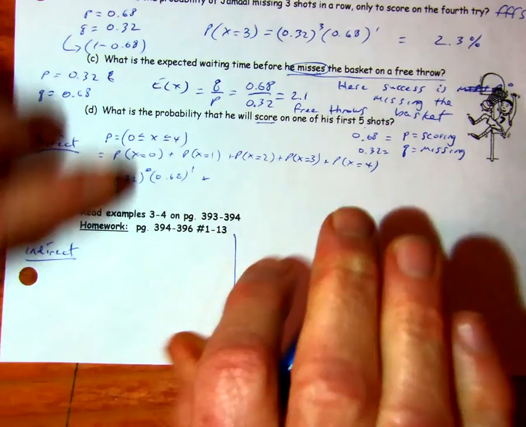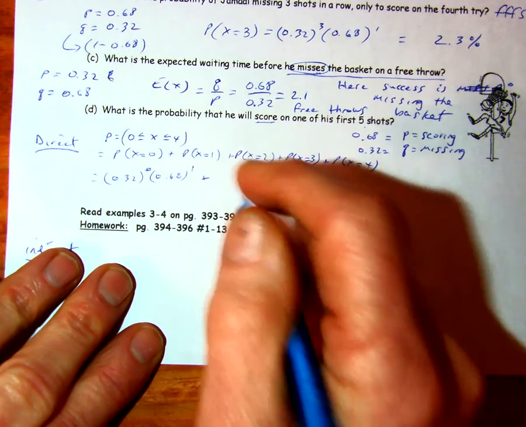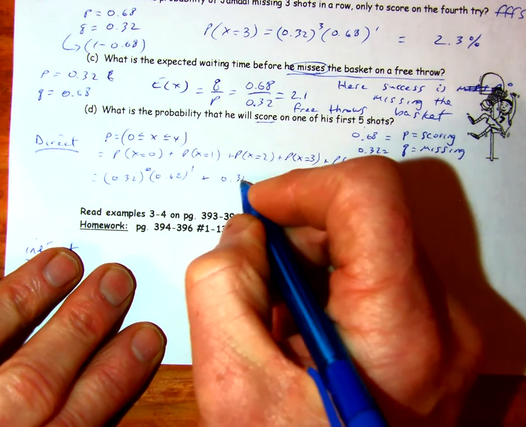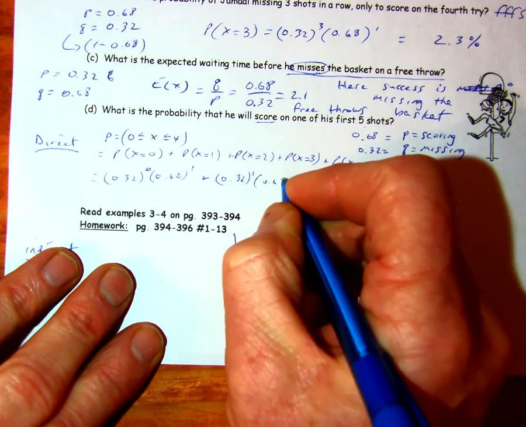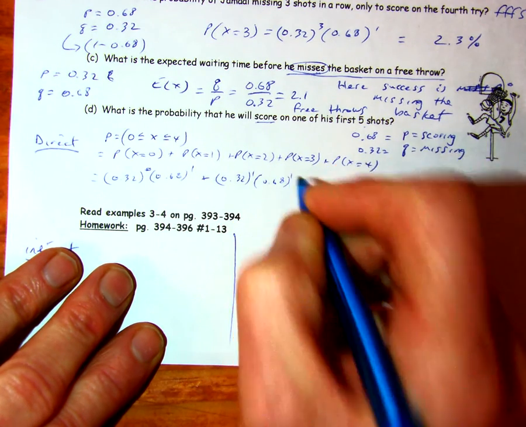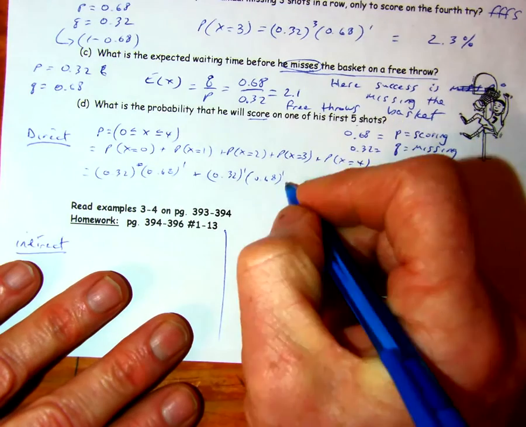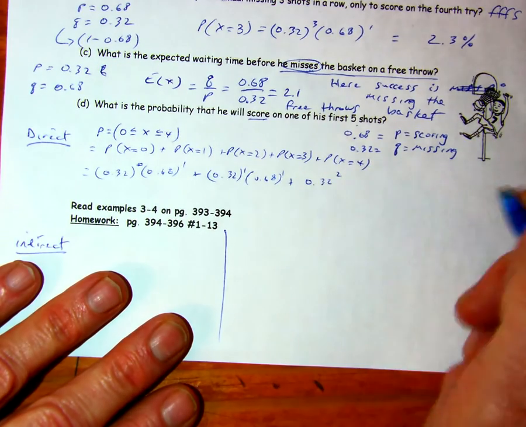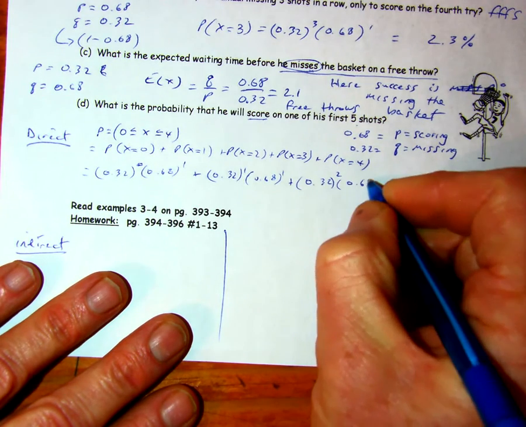Let's do the second one. There's going to be 1 miss and then 1 success. So that's going to be 0.32, that's the miss, and then 0.68, also to the 1. We don't have to write to the 1 anymore because it's going to end with that 1 success. The next one's going to be 2 misses and then 0.68.